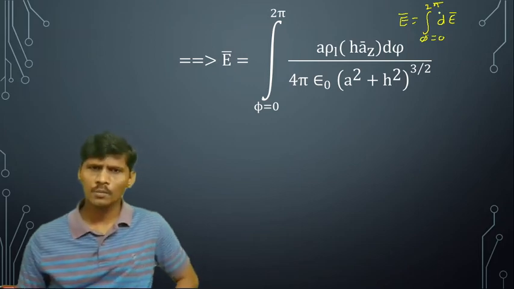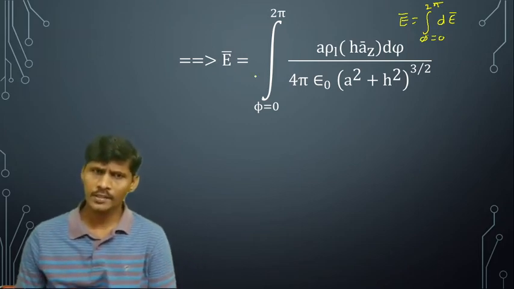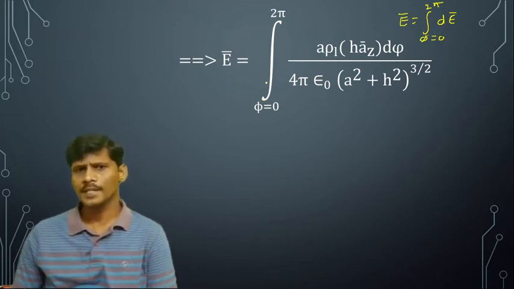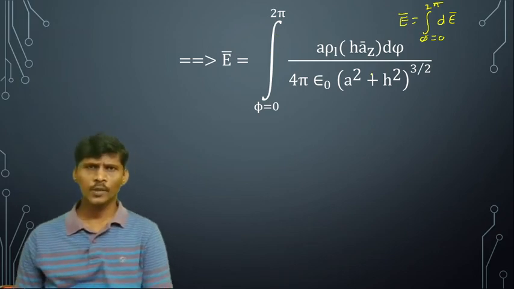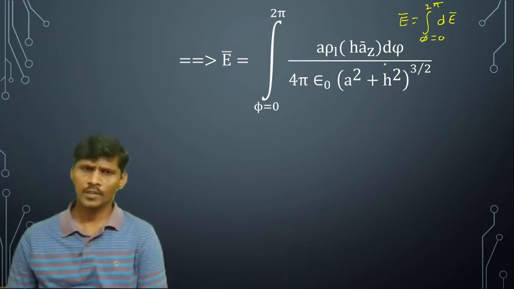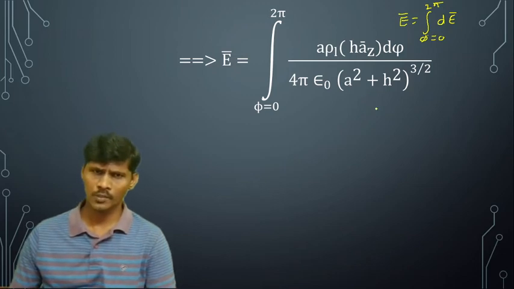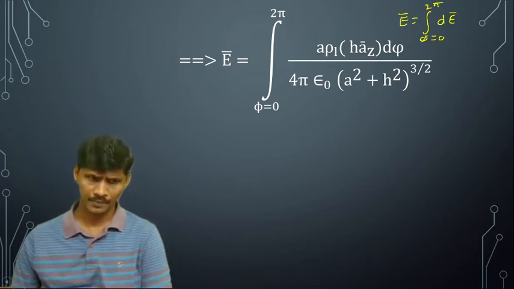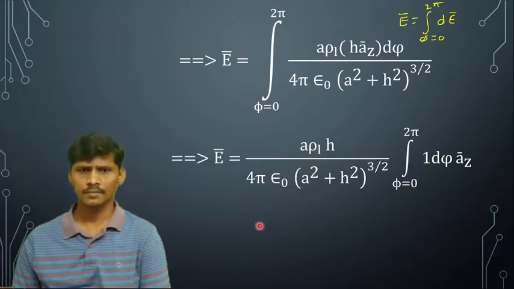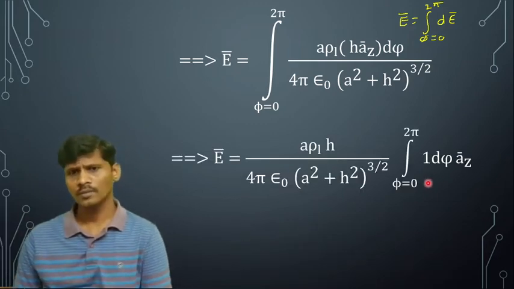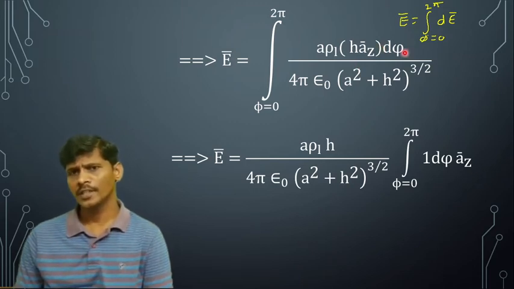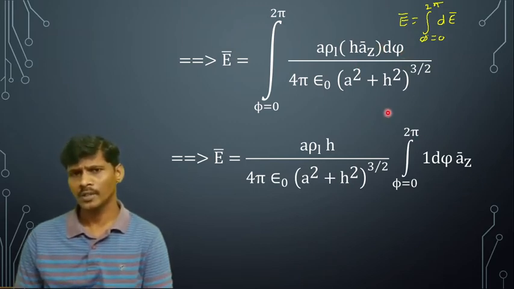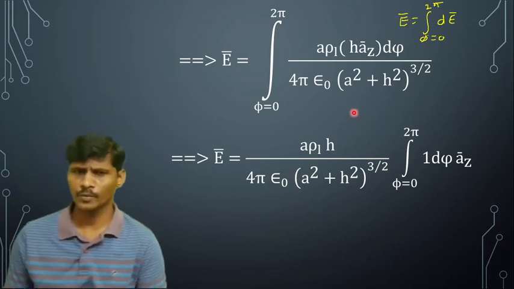Substituting the dE bar value into this equation, we get E bar is equal to integral phi equal to 0 to 2 pi of a rho L h a z bar d phi by 4 pi epsilon naught (a square plus h square) whole to the power of 3 by 2. Integrating with respect to phi, the remaining components are constant, so they are written before the integration.